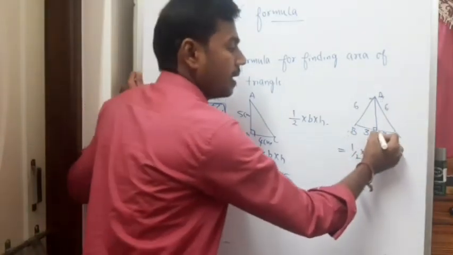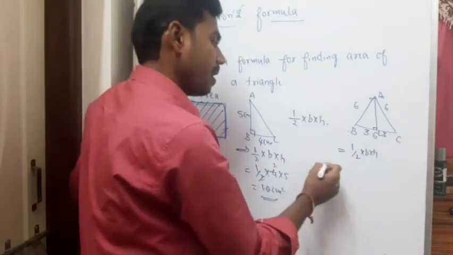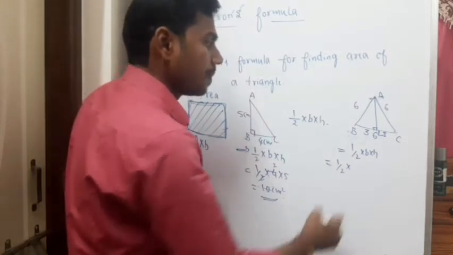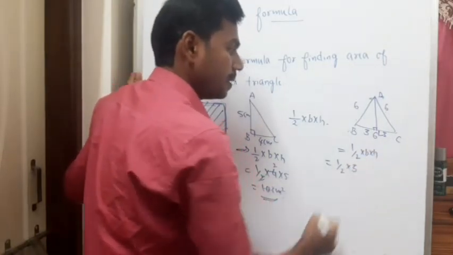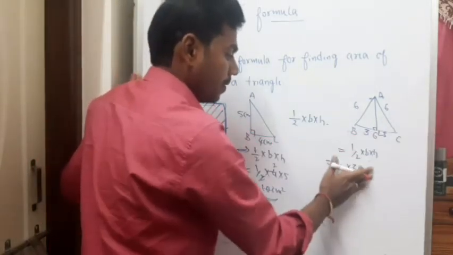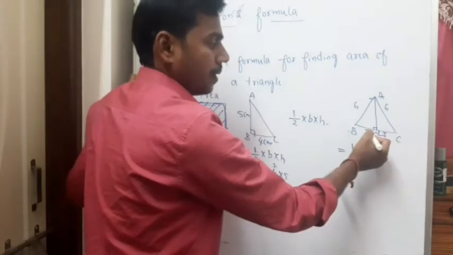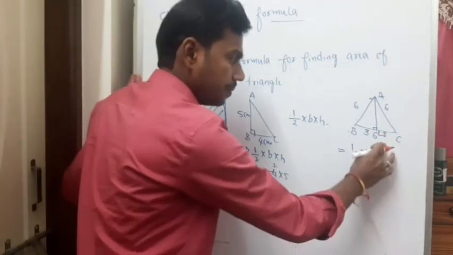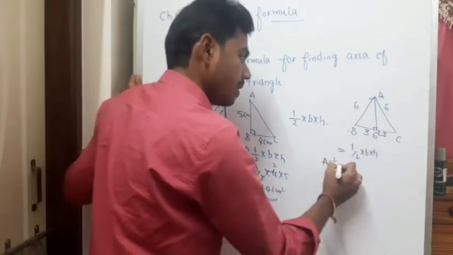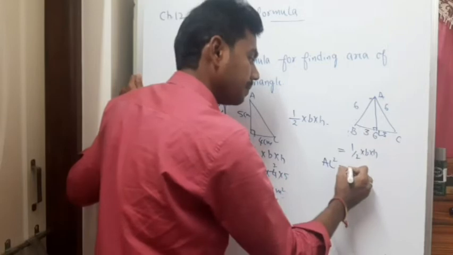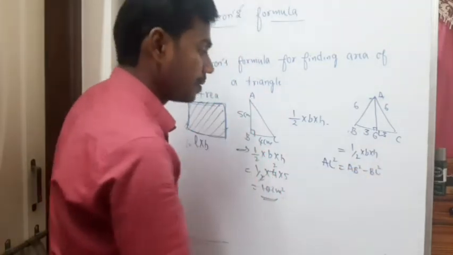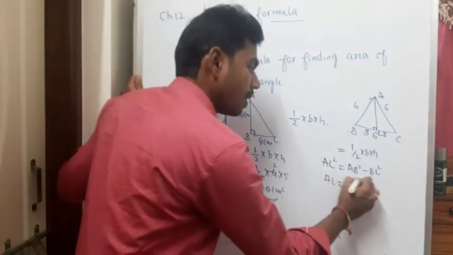If I name the foot as L, the area of triangle ABC will be half into base into height. Base is 6 centimeter. I want to find the height. Then AL square is equal to AB square minus BL square, so AL is equal to the square root of AB square minus BL square.